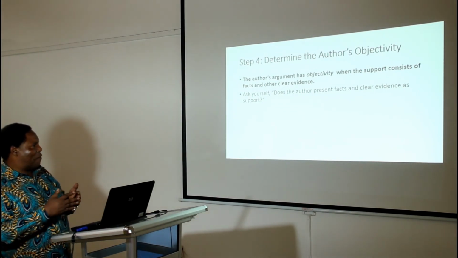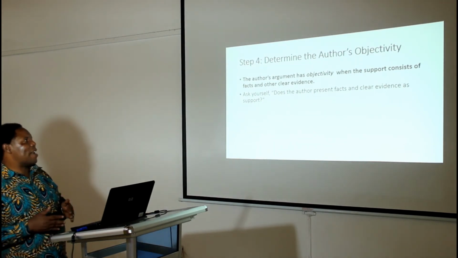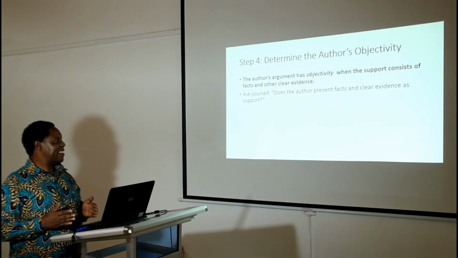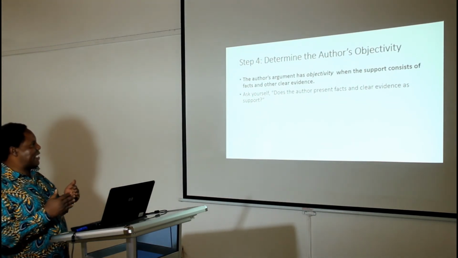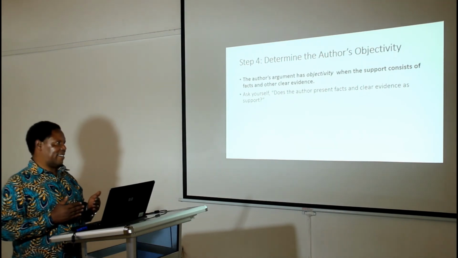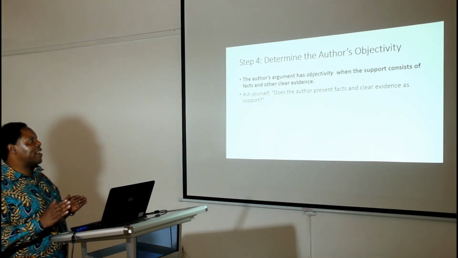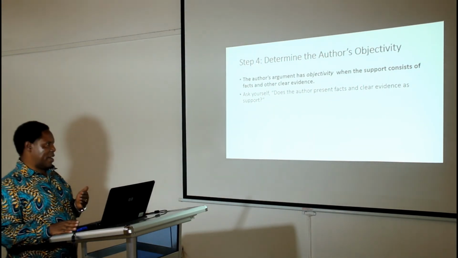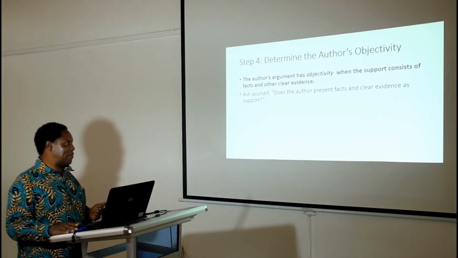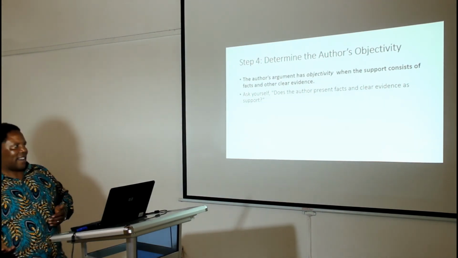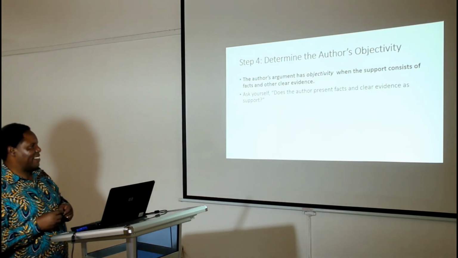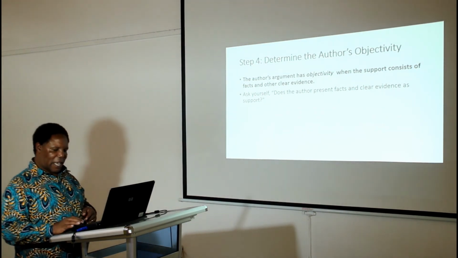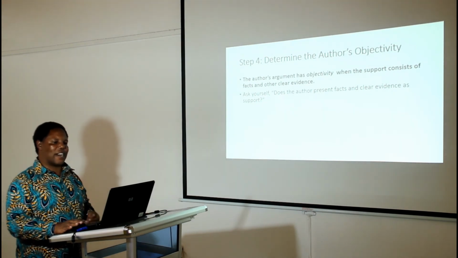So if there are no facts and no clear evidence, then you can see that what the author is trying to make is not on the line which should be expected. Ask yourself, does the author present facts and clear evidence as support? If not, then you can forget about that.